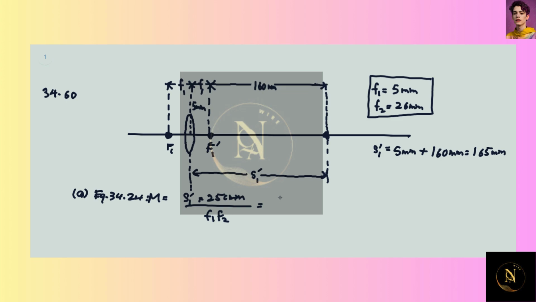So we have 165 millimeters times 25 centimeters, which is 250 millimeters, divided by f1, which is 5 millimeters, times f2, which is 26 millimeters. And then you get that this is 317.